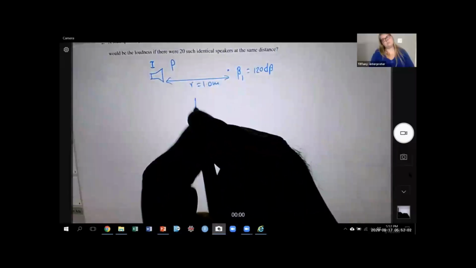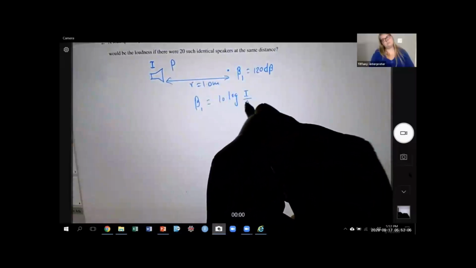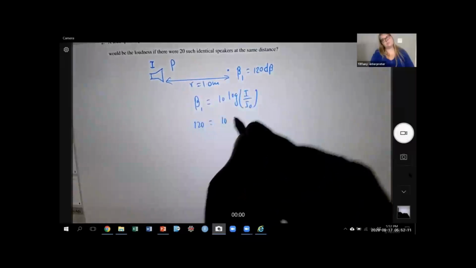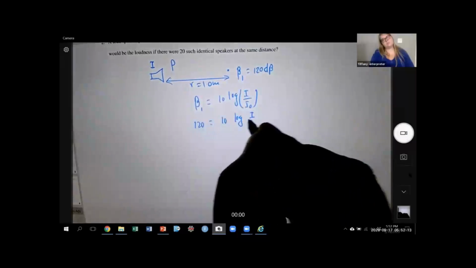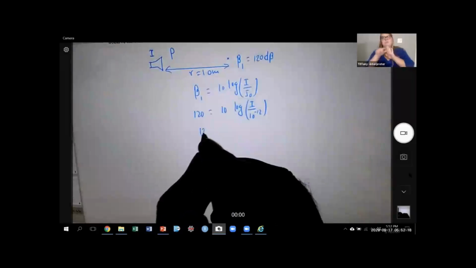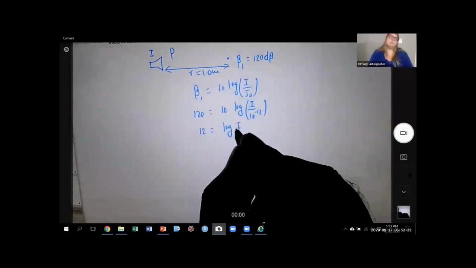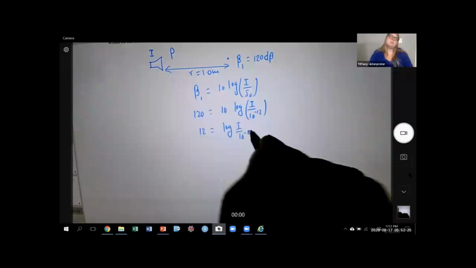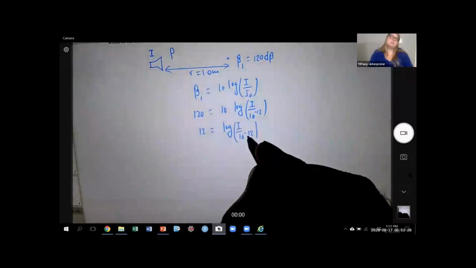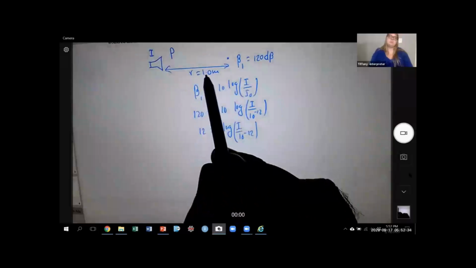Because beta 1 is actually 10 log I over I naught, and beta is 120. So 10 log I over 10 to the power negative 12, which is the threshold of hearing. So first let's solve for the intensity. Once you find the intensity, since you know the distance, you can find the power.